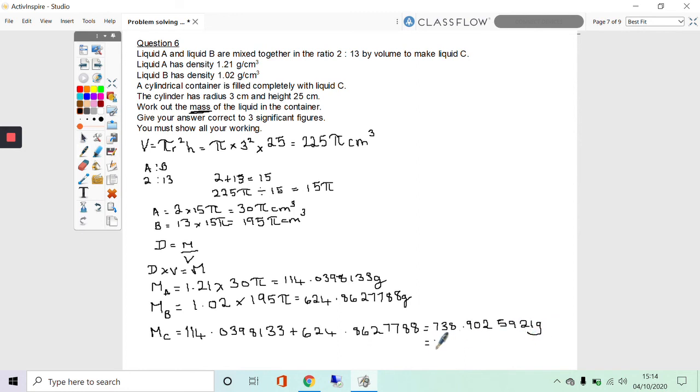And the question asks for that to three significant figures, so that will be 739 grams to three significant figures.